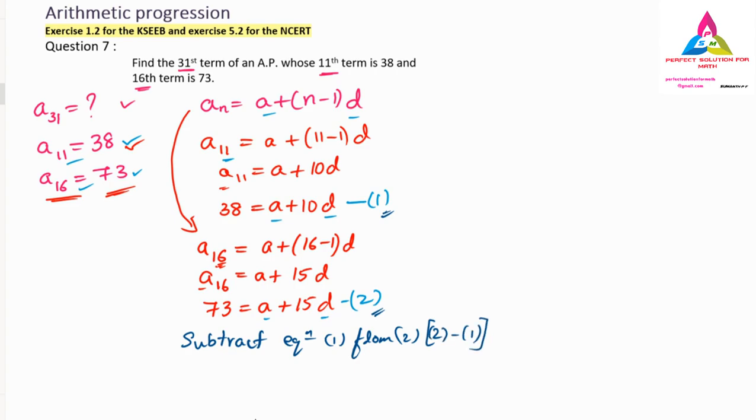So what we got over here, that we will write it down. That is equation 2 over here is 73 is equals to a plus 15d, and next equation 1 is nothing but 38 is equals to a plus 10d.